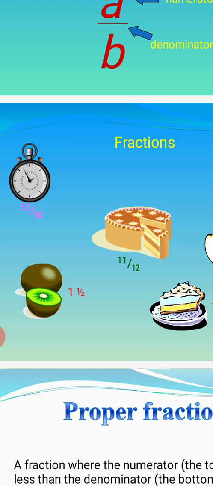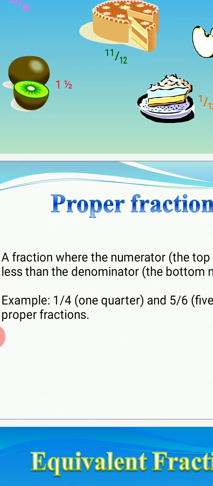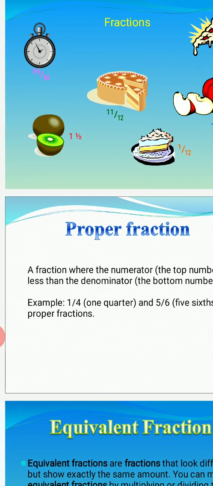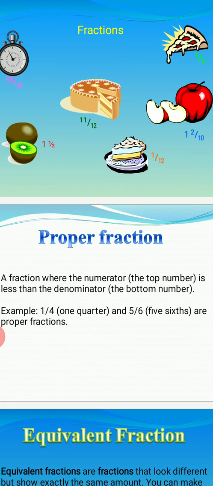Now when we divide the types of fraction, first of all we have the proper fraction. The fraction in which the top number, or the numerator, is less than the denominator is called a proper fraction. Or where it is just the opposite, where the numerator is greater than the denominator, this is called an improper fraction.